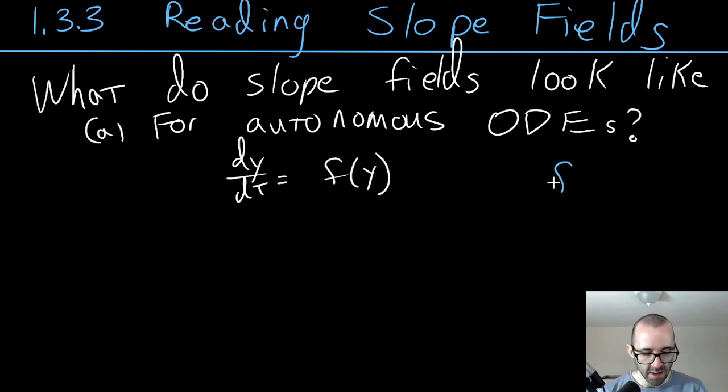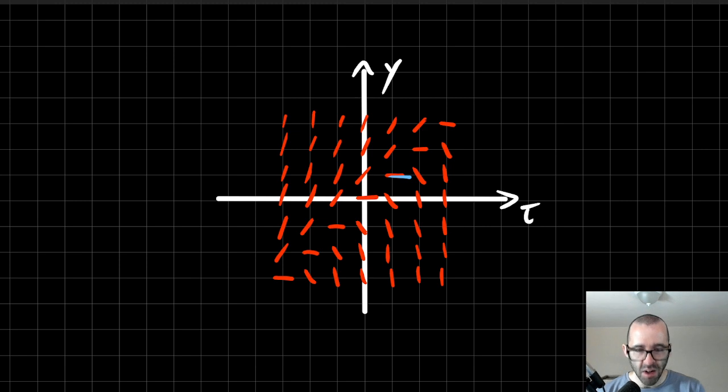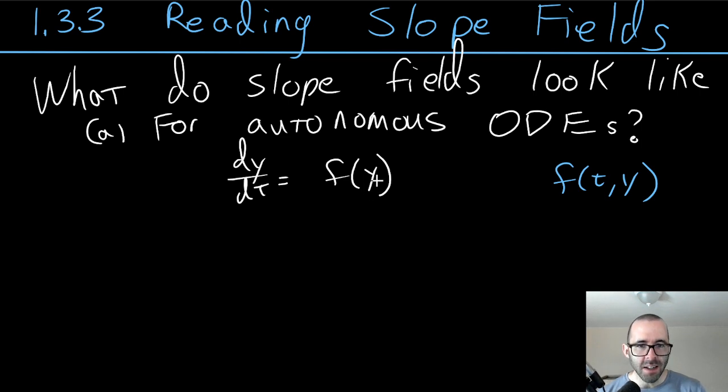Remember, usually they're a function of t and y, but it's autonomous if there's no t, if the derivative only reflects y. Well, if we think about what slope fields are and what they look like, they're a bunch of slopes. Autonomous means the slope only depends on the y value.